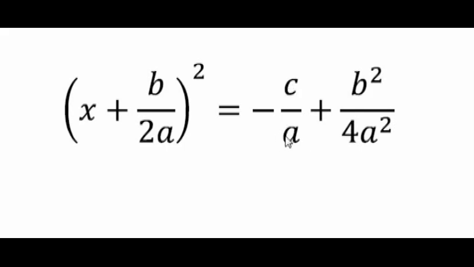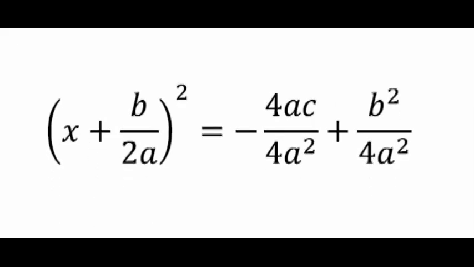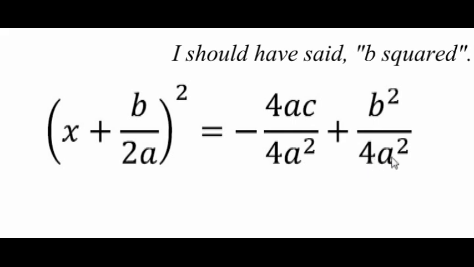Okay? 4a times a is 4a squared, and 4a times c will be 4ac. And that looks like this right here. Okay? So we have negative 4ac all over 4a squared plus b squared over 4a squared.